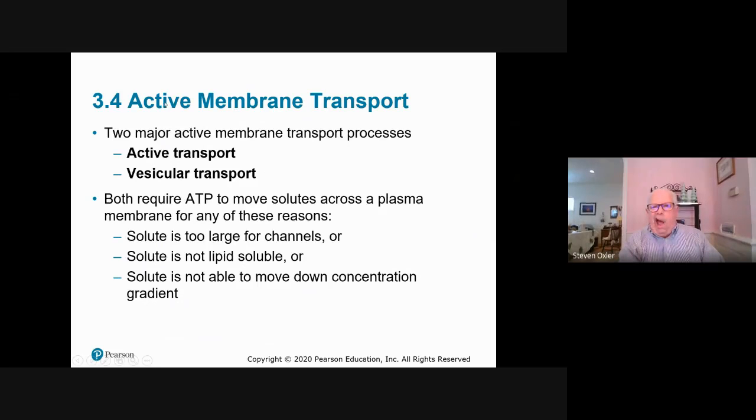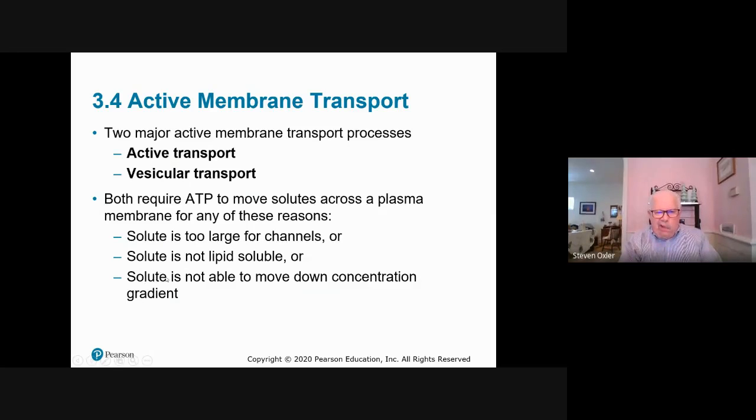When you say the word active transport, you need ATP. Why do we need ATP to move things in and out of the cell? Well, the solute, which is a molecule or a protein, is too large. The solute or molecule is not lipid soluble, not fat soluble.